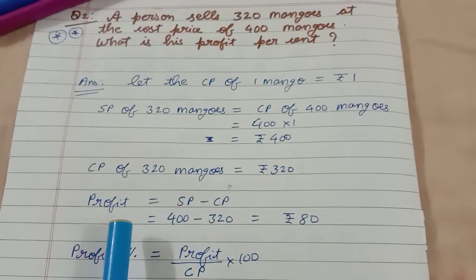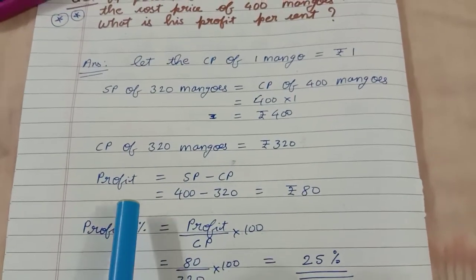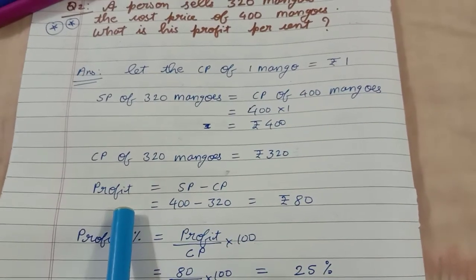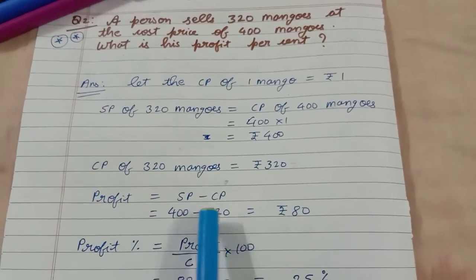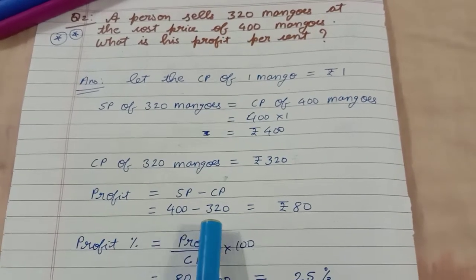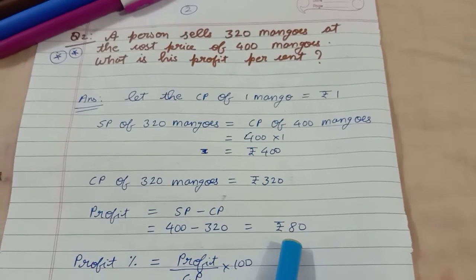Now we are going to calculate profit percent, but before that, we need to know the profit. So profit is selling price minus cost price, that is 400 minus 320, which is rupees 80.